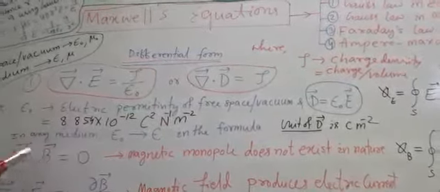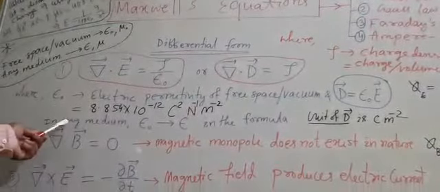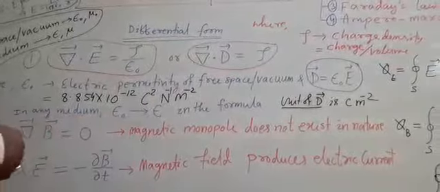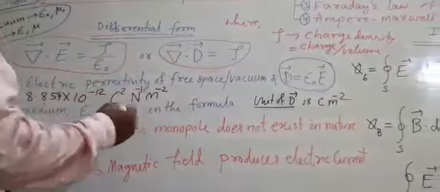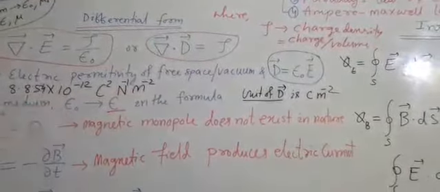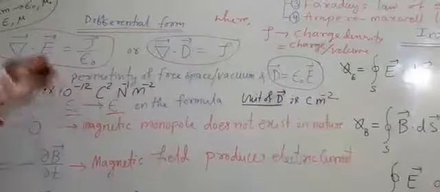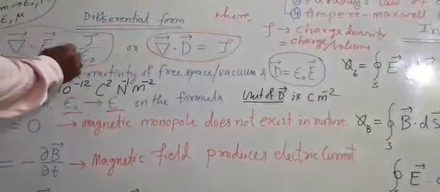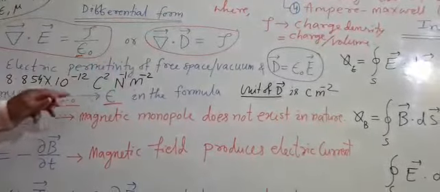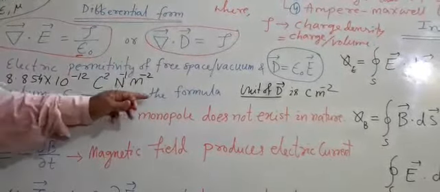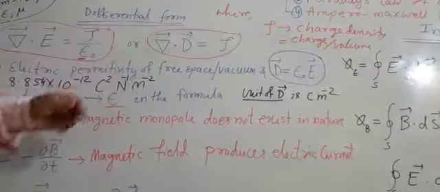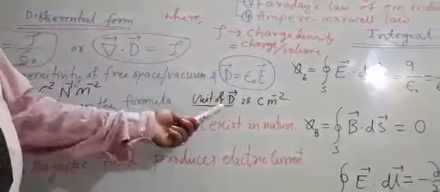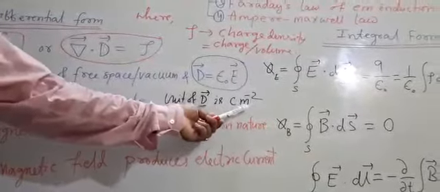If you take any medium, just change epsilon naught to epsilon in the formula, and the mathematical expression is the same. The unit of electric displacement vector D is coulomb meter to the minus 2.